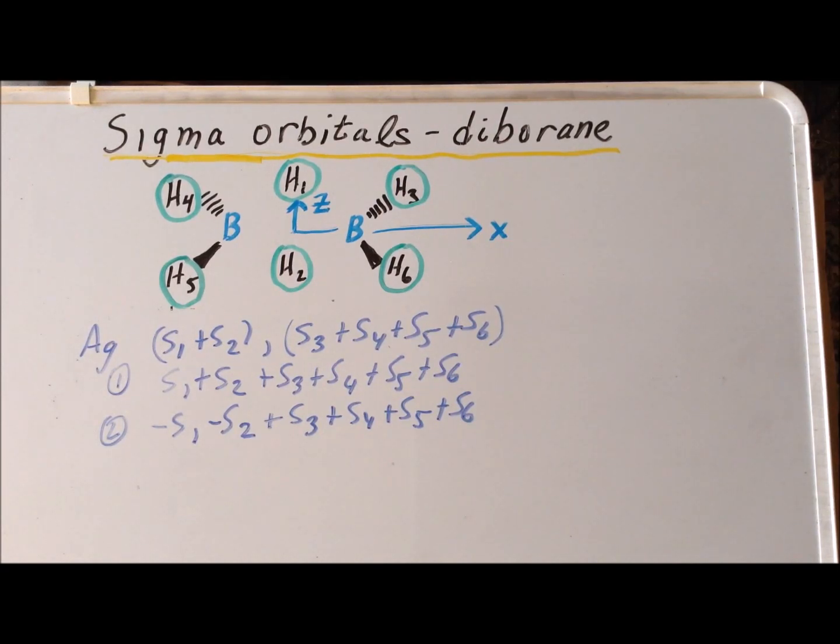And the reason why we have this is that we have 2 chemically distinct sets of hydrogen atoms. So they can either be in phase with each other, as in the first combination, or we can have that the one chemically distinct group is out of phase with the other chemically distinct group. So that gives us our minus S1, minus S2, and then these are plus. So all the pluses have the same phase, all the minuses have the same phase. The minus and plus are opposite phase to each other.